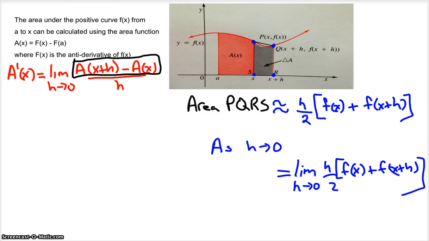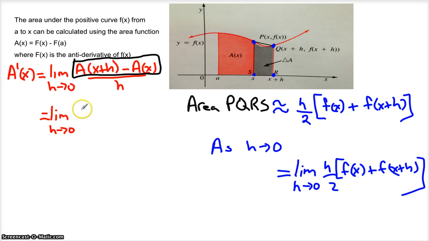So going back here, and that's what we have here. We have the limit as h approaches 0 of this difference here, and this is the gray region. So we're going to replace this numerator with this expression here. So let me write that out.